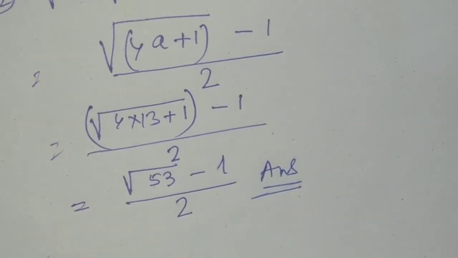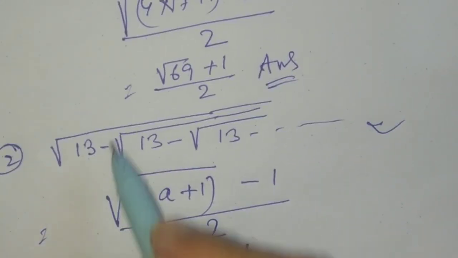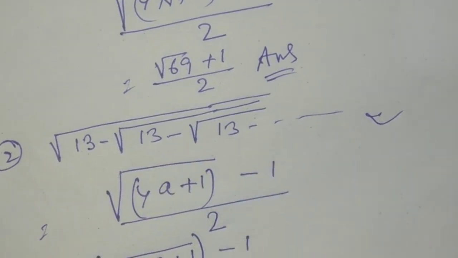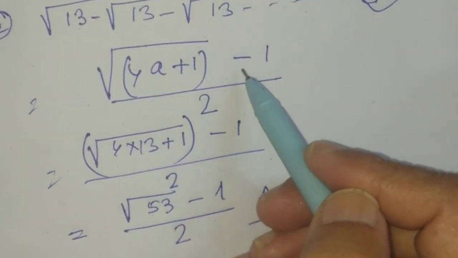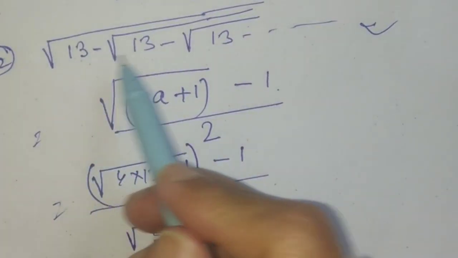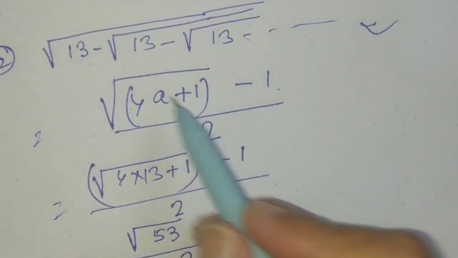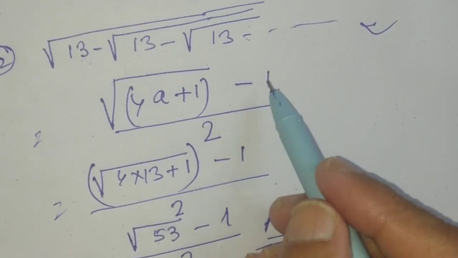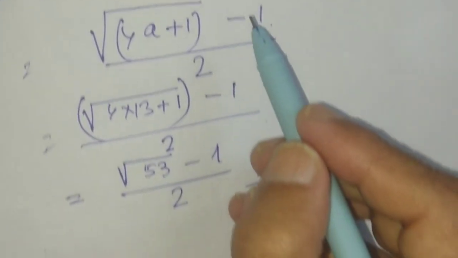So what have I done here? All are minus, so I considered minus 1 here. If all are plus, then I would have considered plus 1. Okay, so this is type 3. Type 4.